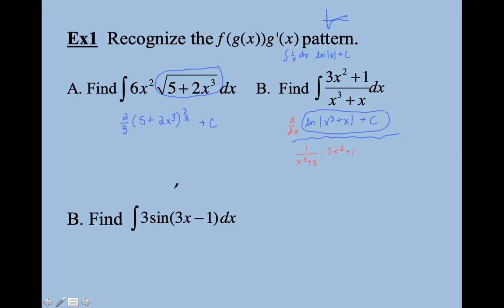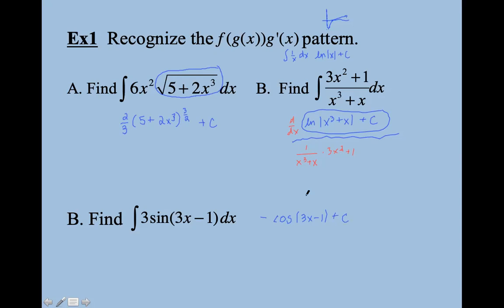All right, let's look at this one. Well, let's see, we have sine of 3x minus 1. Chain rule says if I take the derivative of 3x minus 1, I get a 3, so this is correct. So now I need to find the antiderivative of sine, which should be negative cosine of 3x minus 1 plus c.